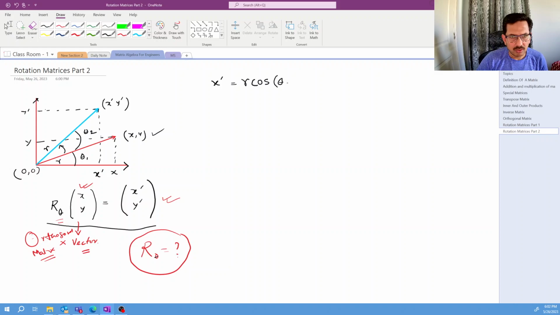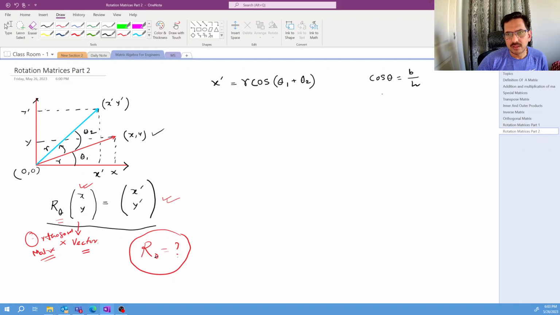Okay, x dash is r cos of theta 1 plus theta 2, because what is the formula of cos? Cos theta is base by hypotenuse, right? So this angle is theta 1 plus theta 2. In this case, what is my base? My base is x dash. And what is my hypotenuse? My hypotenuse is r.